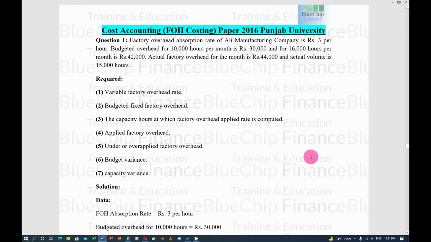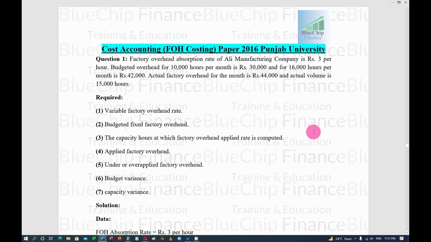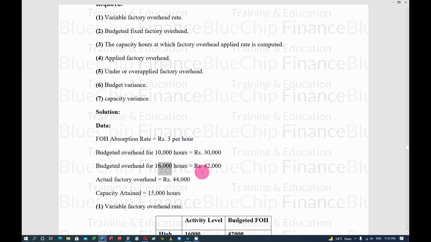So there are two activity levels. Finally, actual factory overhead for the month is 44,000, and actual volume or capacity attained is 15,000 hours. So these are two actual readings: actual FOH 44,000 and capacity attained is 15,000 hours.